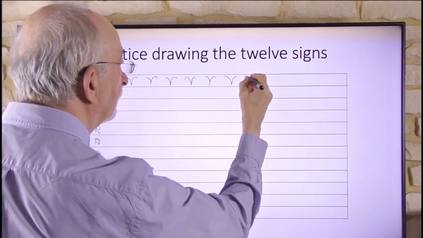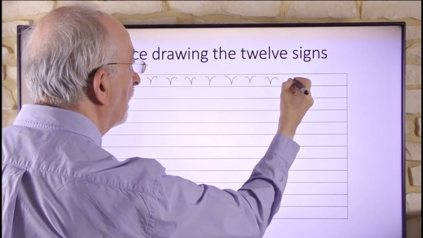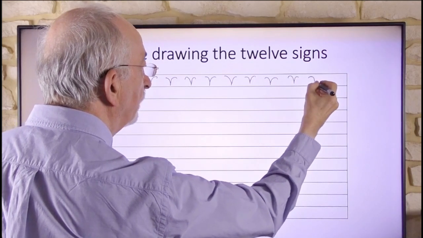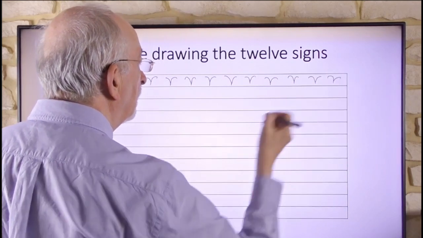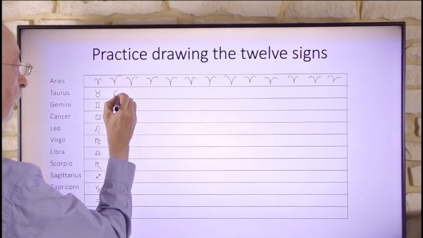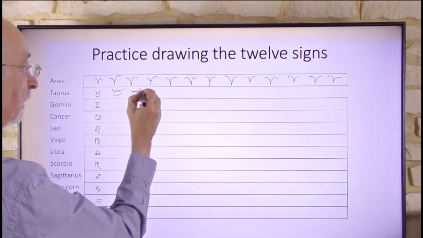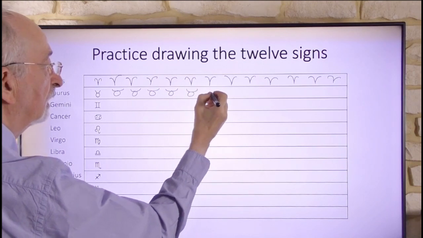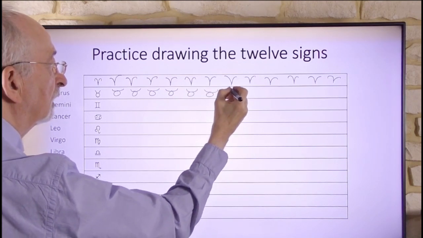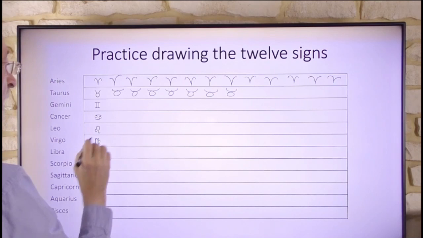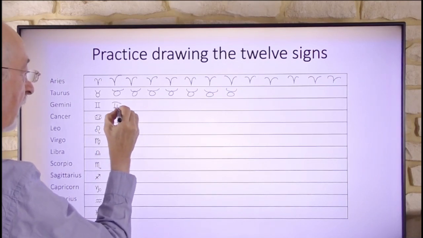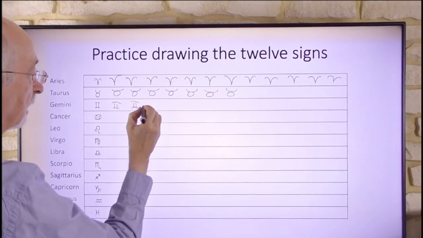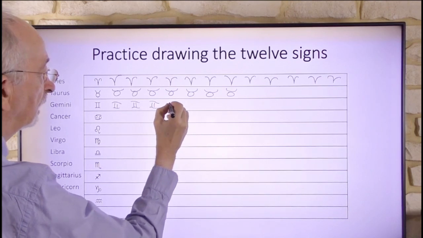That's Aries. That's easy to remember. Easy to draw as well. And then Taurus. One line. Etc. And then Gemini. Like so. Gemini.